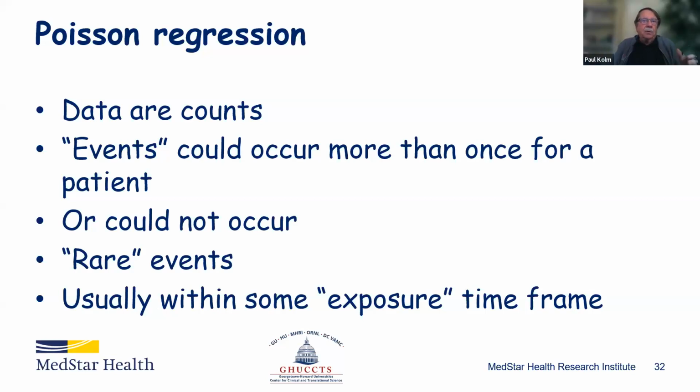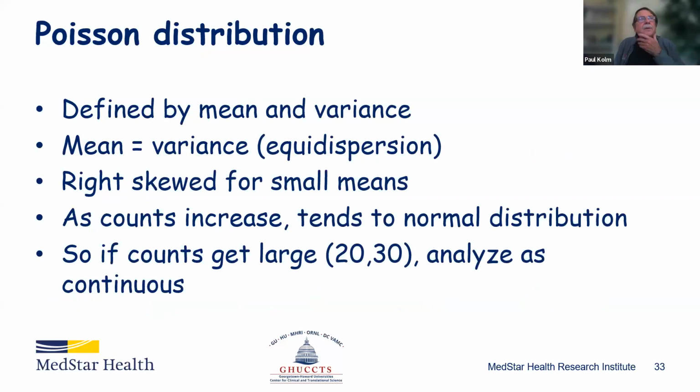And as I mentioned, these look at the Poisson distribution within some exposure of time. And so the Poisson distribution is defined by its mean and variance. And if you remember, the normal distribution is defined by your mean and standard deviation. Here it's defined by the mean and variance.